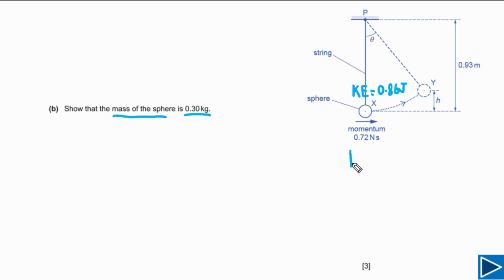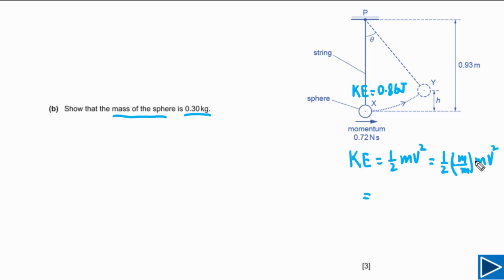First of all, let's try to link momentum and kinetic energy. Kinetic energy is equal to 1/2 mv squared, and if we multiply kinetic energy by m and divide by m, we are just multiplying by 1. Then we can simplify this.